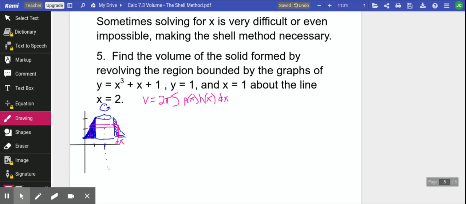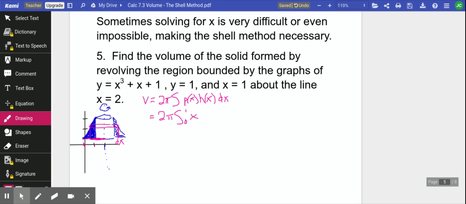So let's start getting the pieces that we need. All right, first in the x direction, we're going from 0 to 1. And now we need to think about the radius of this cylinder. Now, normally, all the other problems we've done before, we said, oh, the radius was just x. But x is this distance here, not this distance, okay?